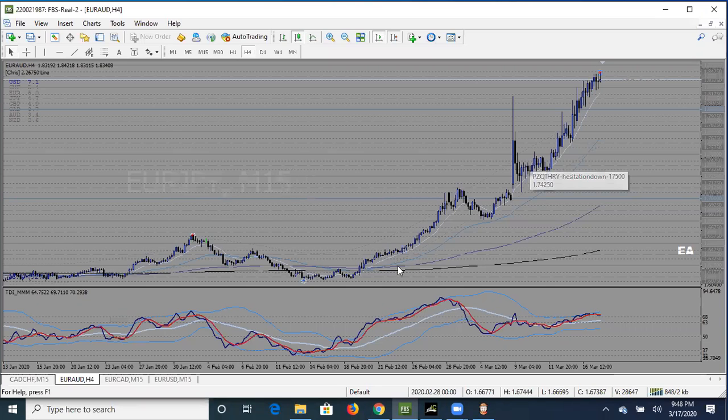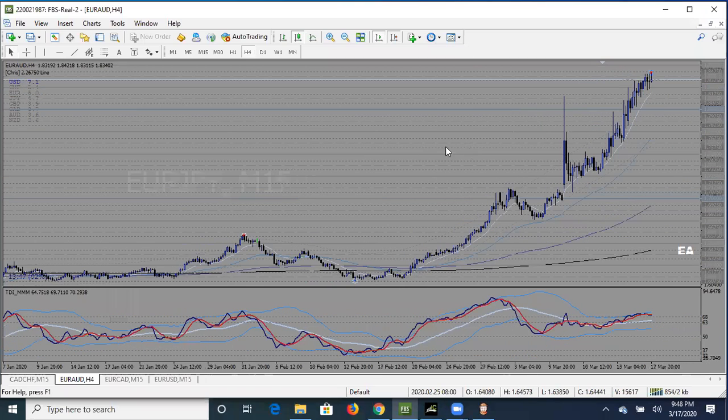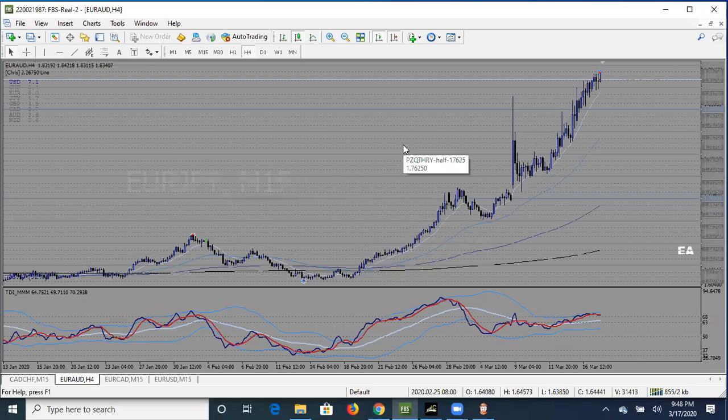I appreciate the fact that price consolidates for more time than it actually trends, right? But if we're able to catch the trend, then we could remain in that trend for 2 weeks or even more. Like we can see presently, we've been buying Euro AUD since last month.